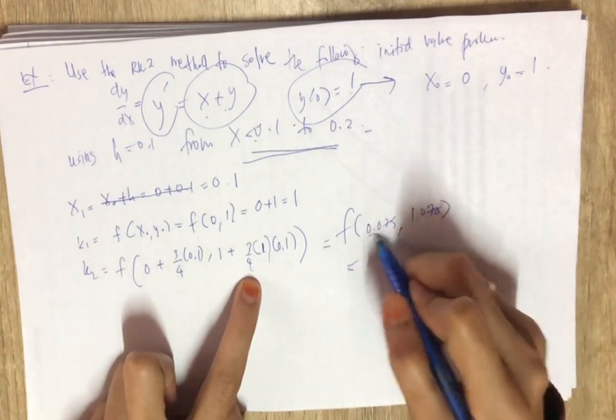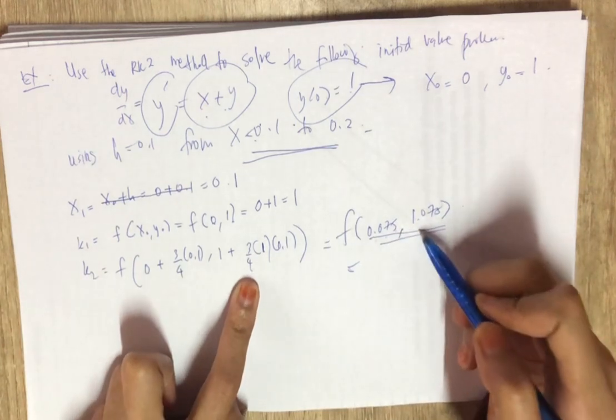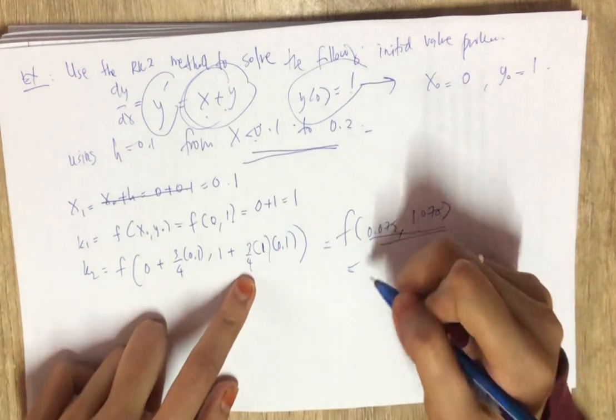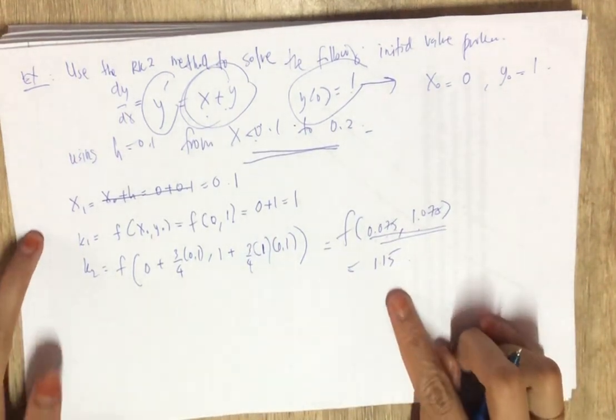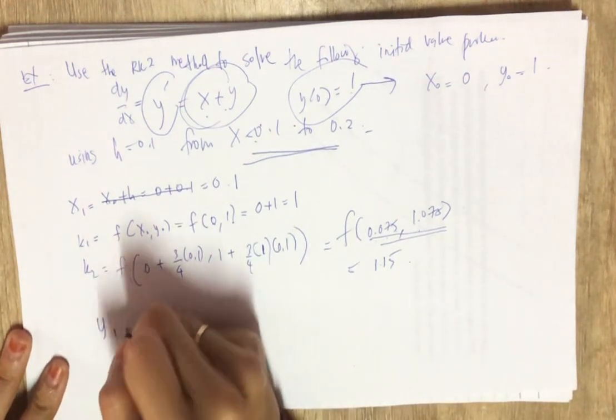Then you do the same thing, which is you substitute x with 0.075 and y 1.075 into this equation. Therefore you will get the answer 1.15 for k2. So this is your k2. Then you put it into the y equation.